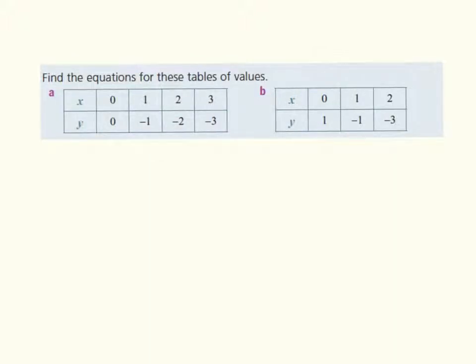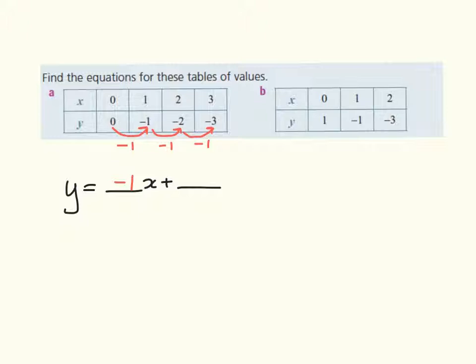Alright, now these ones are slightly different, but we follow the same process. So I know my rule is going to look like y equals something x plus something. Okay, so looking at my y row, what's happening here from 0 to -1? Well, I've gone down 1. From -1 to -2, I've gone down 1 again. -2 to -3, I've gone down again.